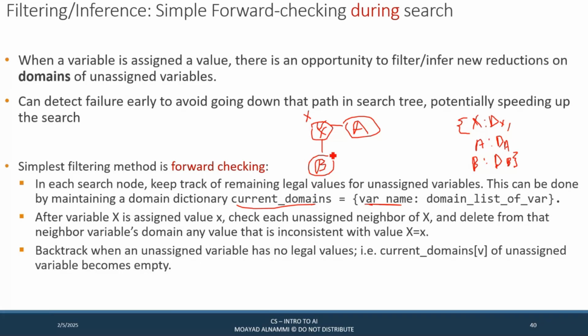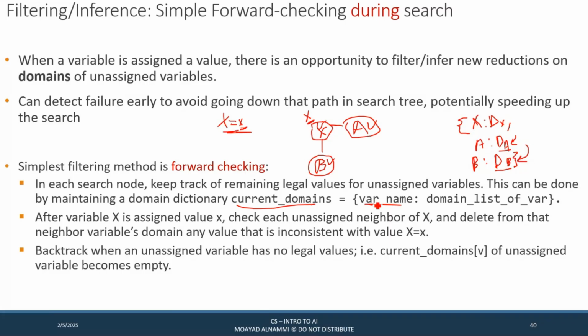What you do with forward checking is check every unassigned neighbor of X, which is going to be A and B. Because I assigned X the value small x, I need to check the domains of A and the domains of B. What needs to be removed from the domain of A to make this assignment consistent? In other words, there could be some values in the domain of A that are inconsistent with what we assigned for X, and so we're going to remove those inconsistent values from the domain of A.